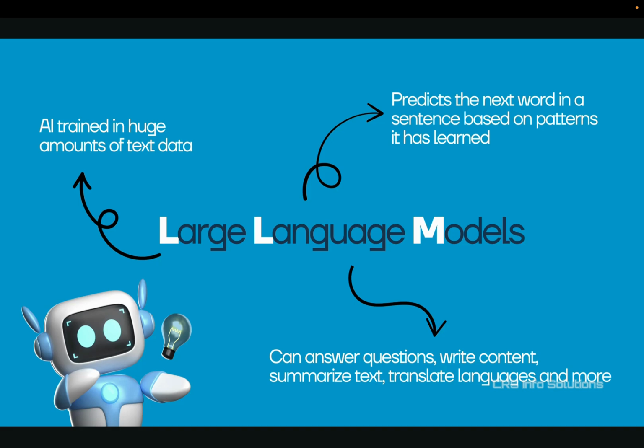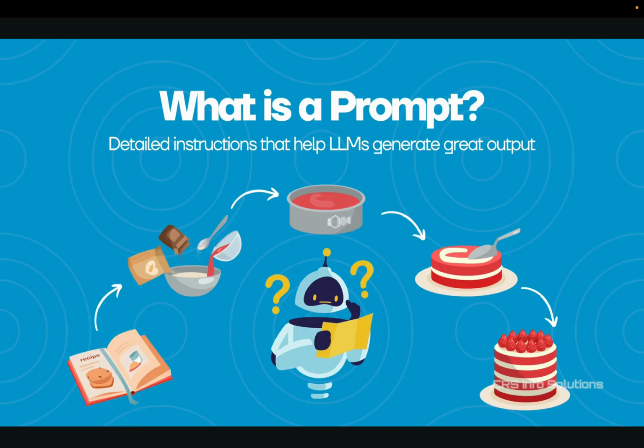That's because it's powered by an LLM, like ChatGPT. LLMs help AI agents understand customer questions better, generate more accurate responses, and assist in multiple languages. Without LLMs, AI wouldn't feel human in its conversations.